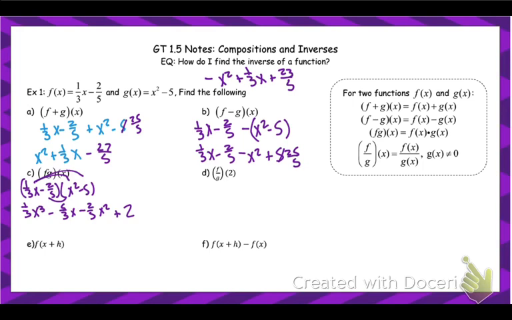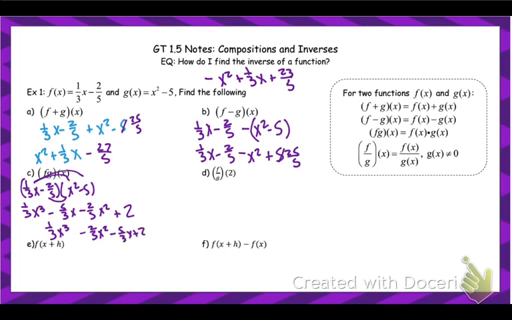Then I'm going to go ahead and rewrite this in what's called standard form. Standard form is really just your exponents going from biggest to smallest. So I'm going to rewrite this as 1/3 x cubed minus 2/5 x squared minus 5/3 x plus 2.